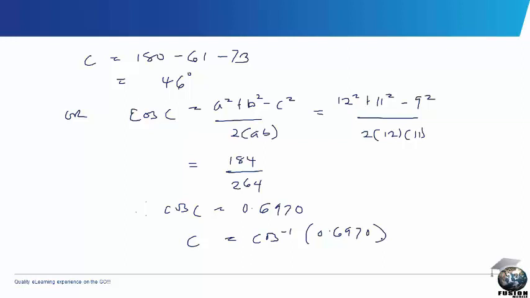When we take cos inverse of this, we have it to be equal to 45.82, which is approximately equal to 46 degrees. And that gives us the angle for that side.